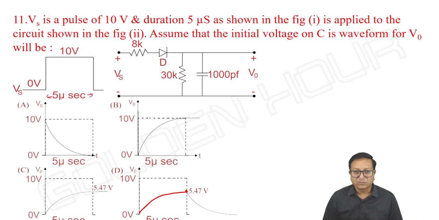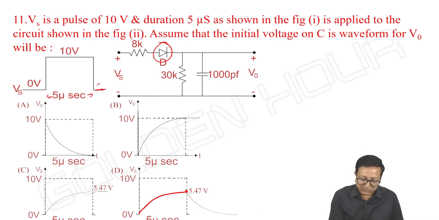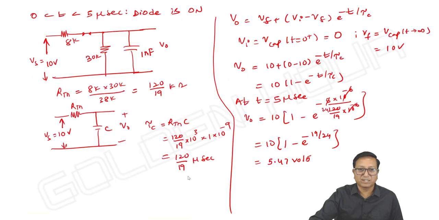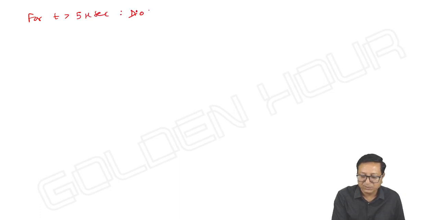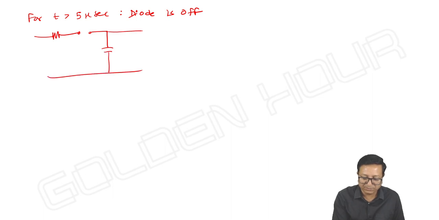Done. And for t greater than 5 microseconds, diode will be off, because what happens, the input is falling to 0 volts. By that time, means the input is 0 means anode voltage is 0, the cathode voltage is 5.47, output is 5.47, the diode will be off. Once the diode is off for t greater than 5 microseconds, the equivalent circuit now appears this way.